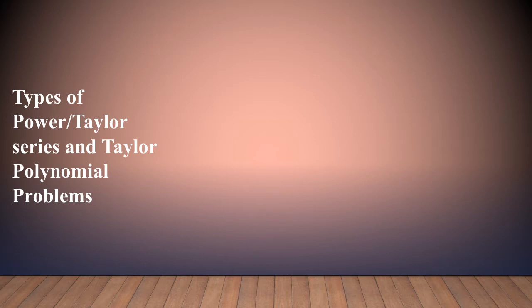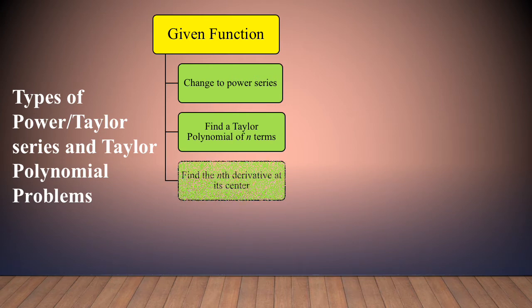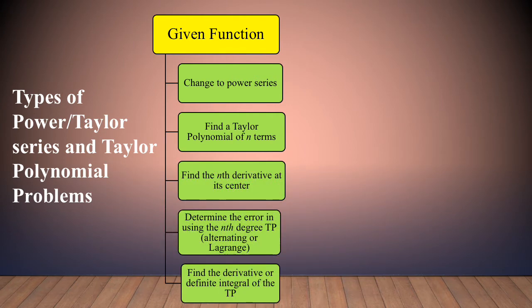BC04 is a problem dealing with power series and Taylor series and morphing into Taylor polynomial problems. There are generally 2 ways that these problems are presented. One way is to be given a function, and from that function, you change it into a power series.